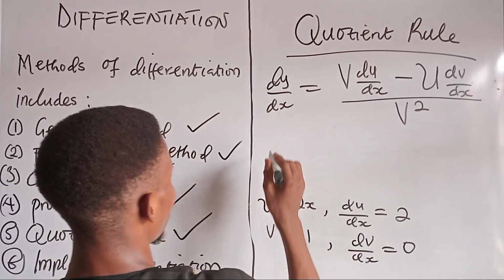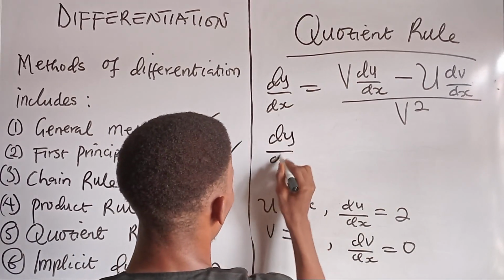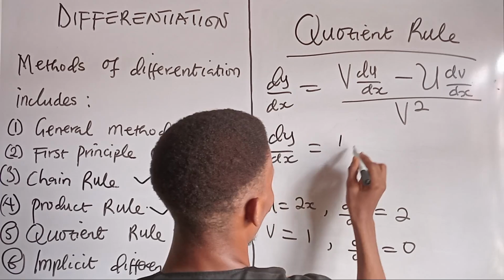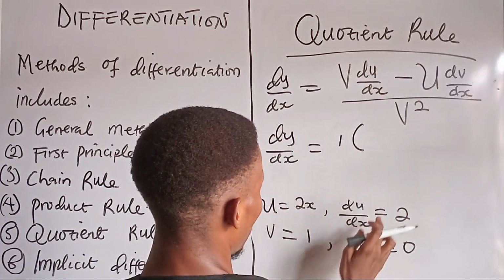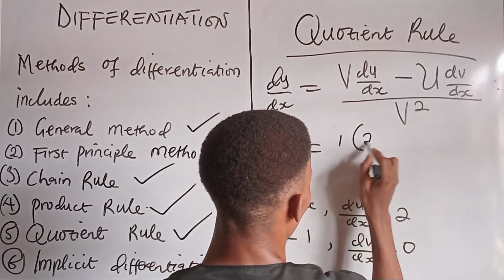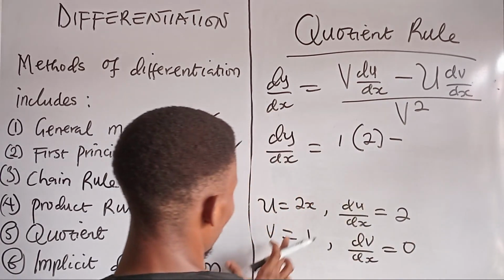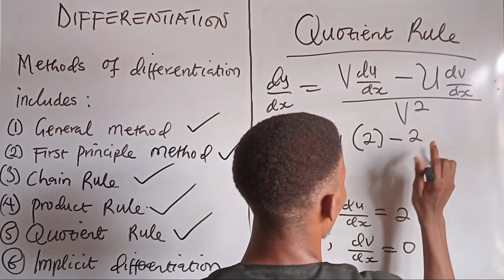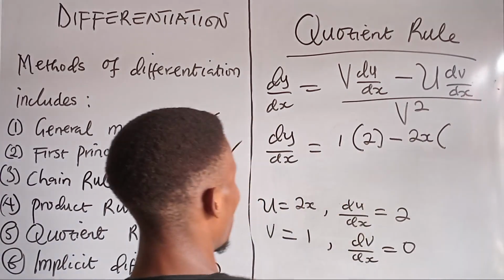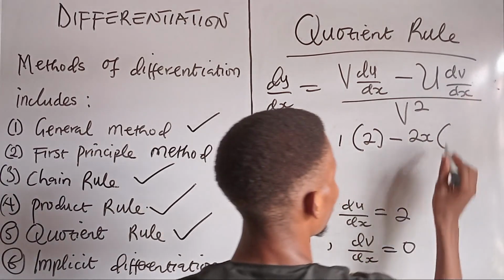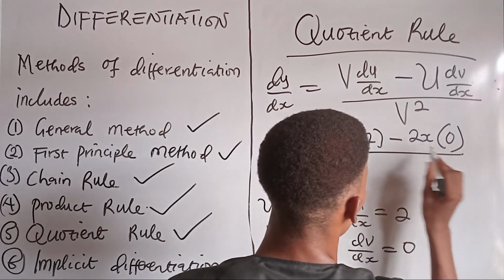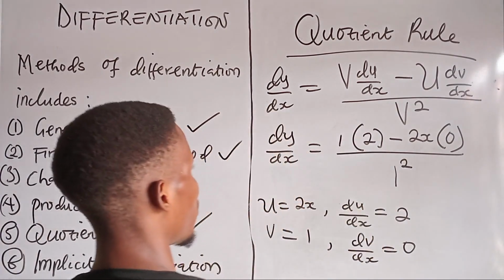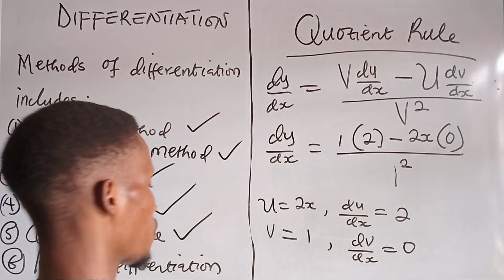Which will give us dy over dx is equal to, our v is 1, so write 1 bracket, then du over dx is 2. So minus u, which is 2x, times dv over dx, which is 0, then all divided by v squared. Where v is 1, 1 squared. That's how you apply this method to solve.